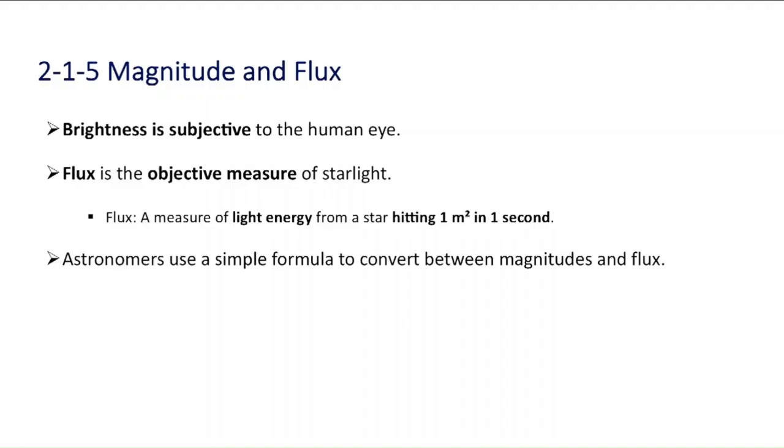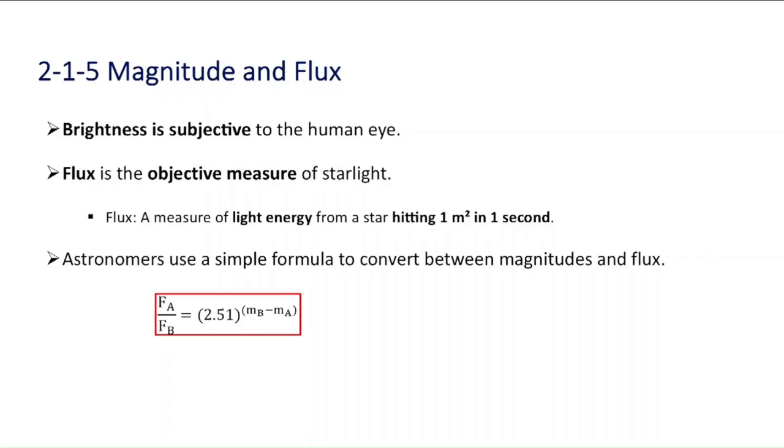It's how much light hits 1 square meter every second from a star. Now here's the cool part. Astronomers don't have to guess how bright one star is compared to another. They use a simple mathematical formula that relates magnitudes to flux. So this helps us move from subjective brightness to objective, measurable light energy.